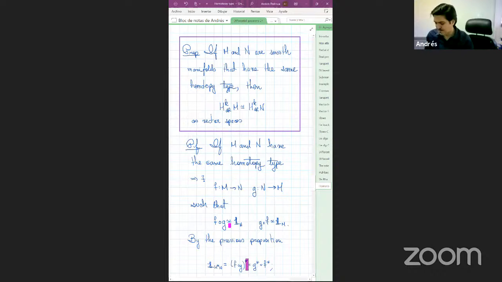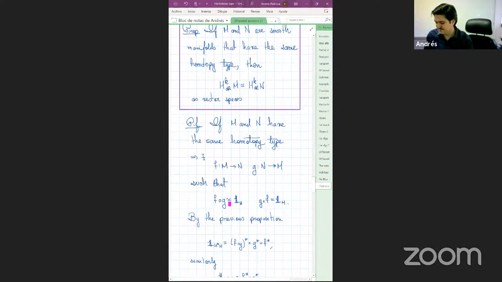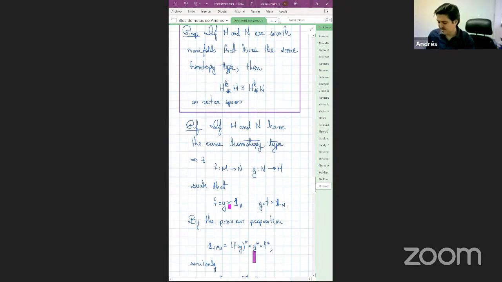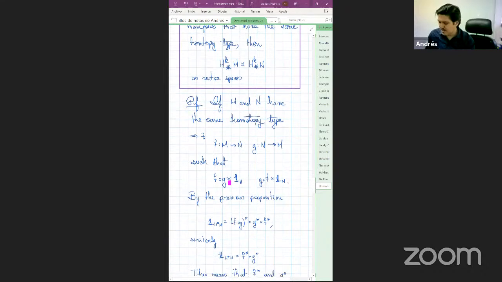All right, and now I have a star here, the induced map in cohomology. And when I put this inside, what happens is that the order is reversed. That means that this map in cohomology composed with this one, I get the identity. And also the other way around.